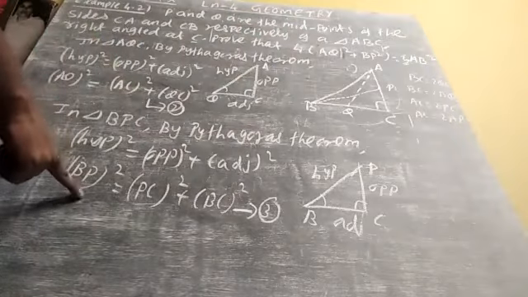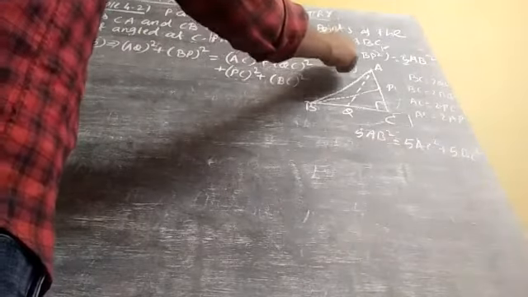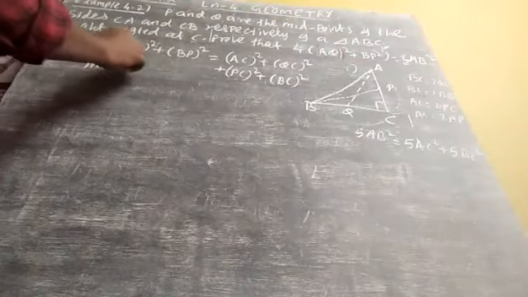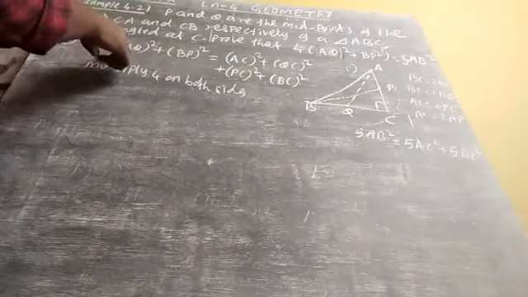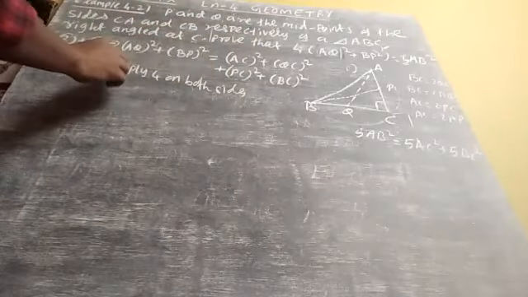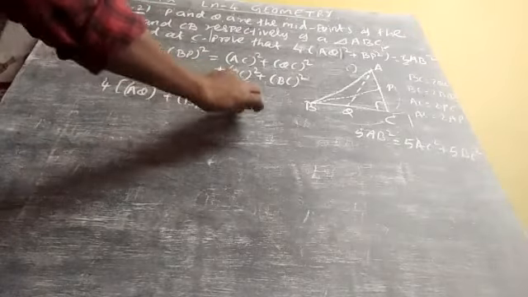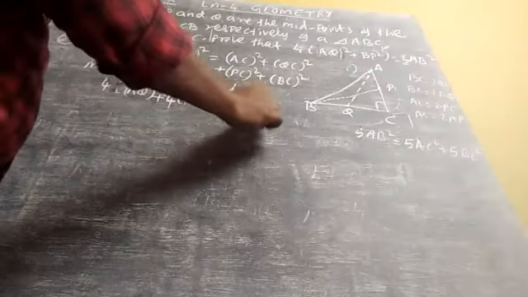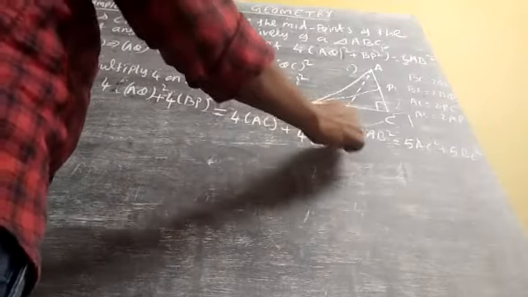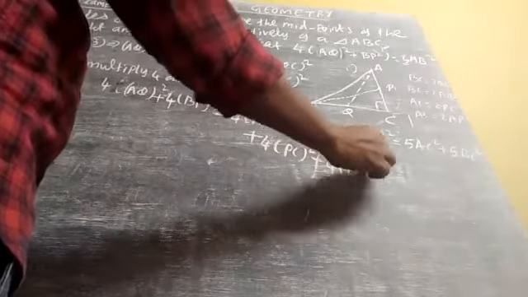So I am going to add equation 2 plus equation 3, and multiply 4 on both sides. 4 times (AQ square plus BP square) equal to 4AC square plus 4QC square plus 4PC square plus 4BC square.